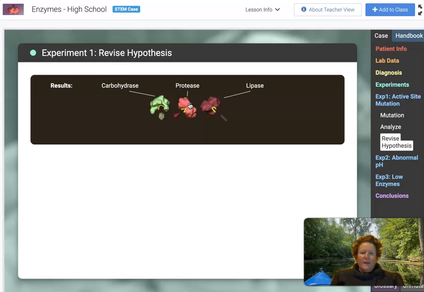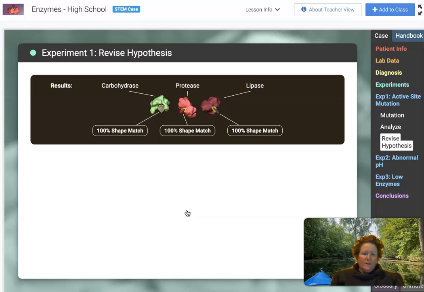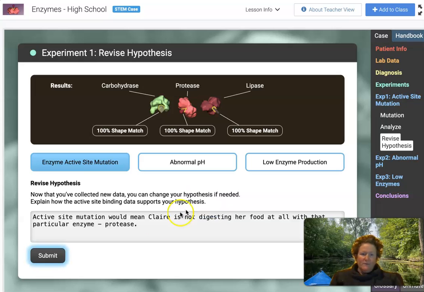So we're going to look at binding between the substrate and the enzyme for carbohydrates, proteases, and lipase. We wouldn't be able to see this in a real lab. We'd have to do other tests and infer from those tests what was going on in our test tubes or Eppendorf tubes or whatever we were looking for.